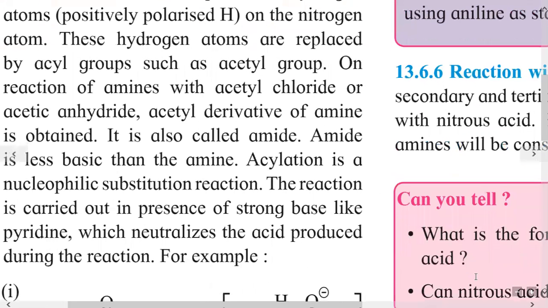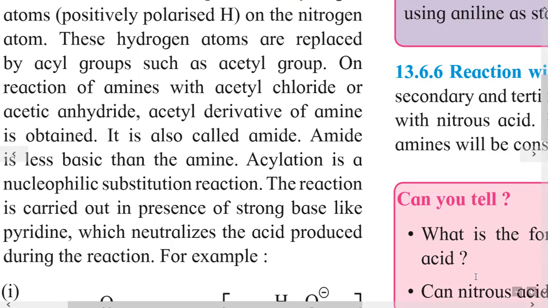These hydrogen atoms are replaced by an acyl group by using acetyl chloride or acetic anhydride, that is by using the acetyl group. On reaction of amine with acetyl chloride or acetic anhydride, the acetyl derivative of amine is obtained.